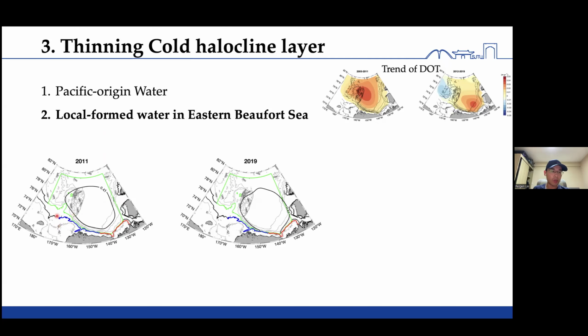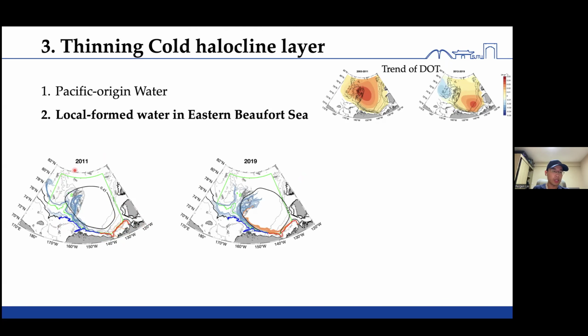We initiated the particles along the 100 meter isobath. The blue particles are from the Chukchi and western Beaufort Sea side, and the red particles are released in the eastern Beaufort Sea. We ran each experiment for a year, and let's see the result.